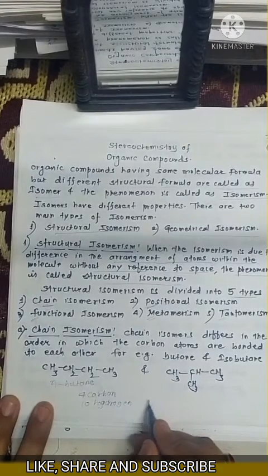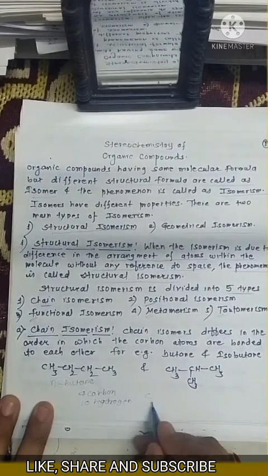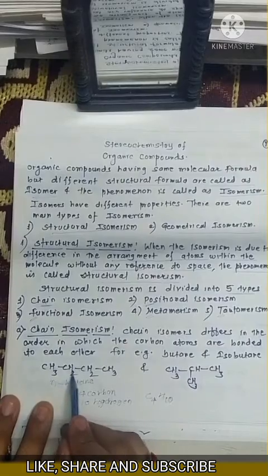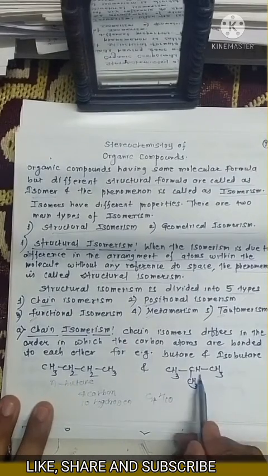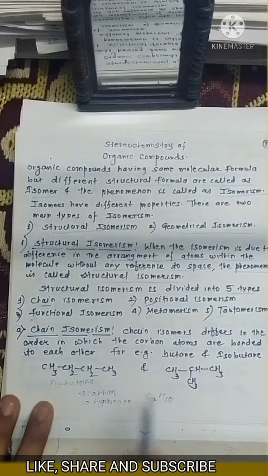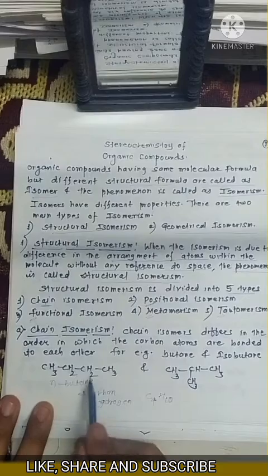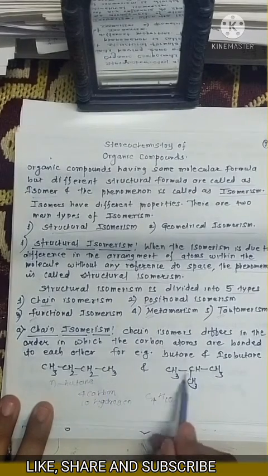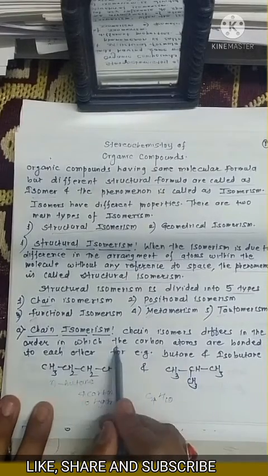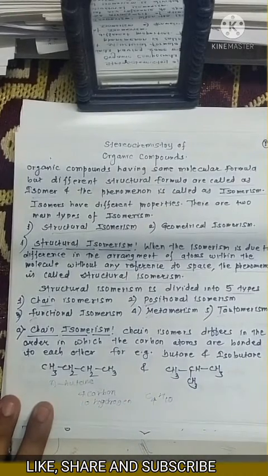So the molecular formula for both compounds can be written as C4H10. Compounds containing the same molecular formula but different structural formula are called isomers, and these two are chain isomers of each other because they differ in the order in which carbon atoms are bonded.